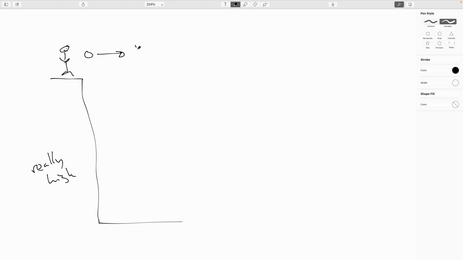So the way we would write this is that the initial velocity is 5 meters per second i hat, and we could write plus 0 meters per second j hat, but I'm not going to bother here. So we can write down the x and y components of the initial velocity. Vix will be plus 5 meters per second, and Viy will be 0 meters per second because we're going horizontally.